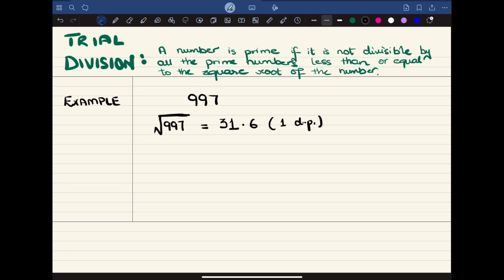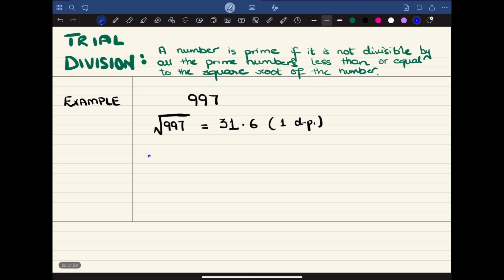So let's list all the prime numbers less than or equal to 31, right? We're going to list all the prime numbers less than or equal to the square root of the number. The square root of the number in this case is 31.6.